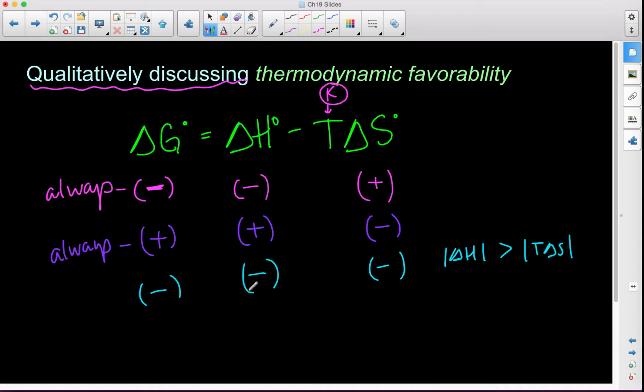As long as the absolute value of this is greater than the absolute value of this, then it will be favorable, which means that this is favorable at low temperatures, where my entropy term is not as important. Because as long as I can keep this whole thing smaller than this, I'm still going to come up with a negative value here.